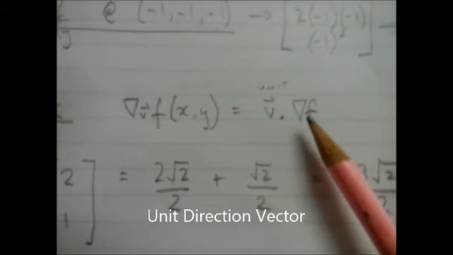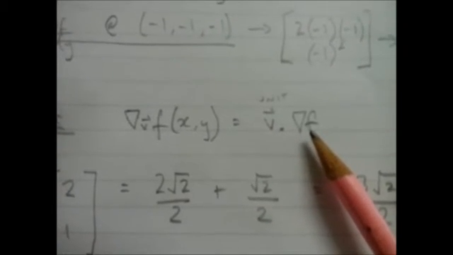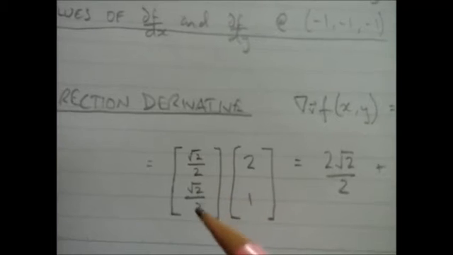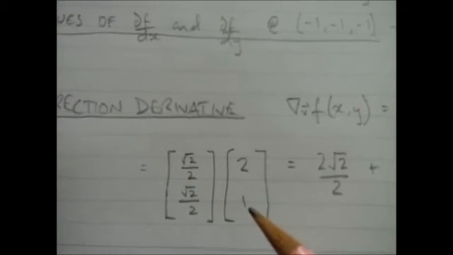Yes, it's a vector. Now the last bit I need to do is work out my directional derivative. I need to multiply my unit vector by the gradient of f. My unit vector ended up being that, and my gradient of f was this at that particular point.